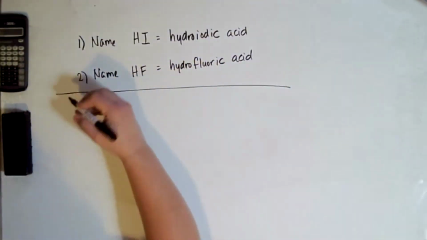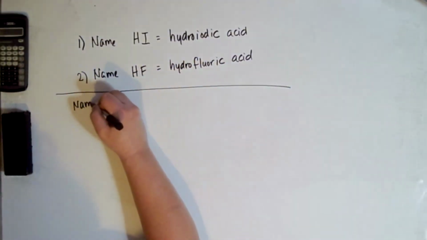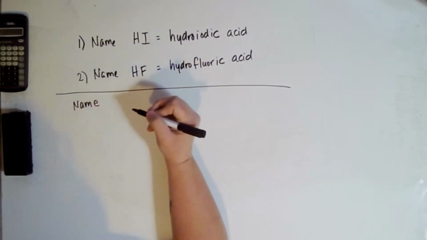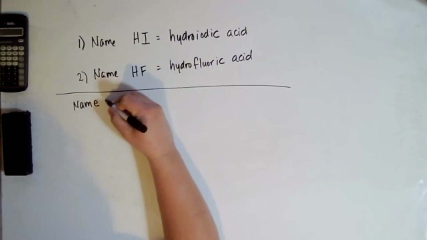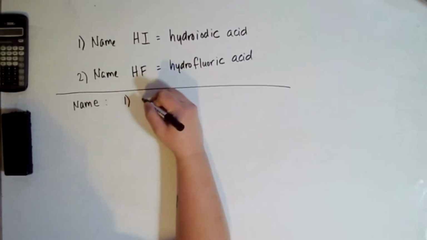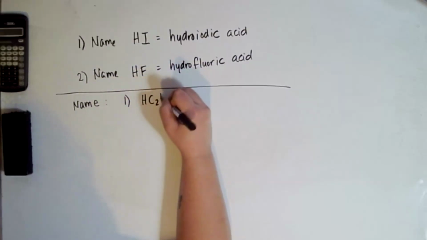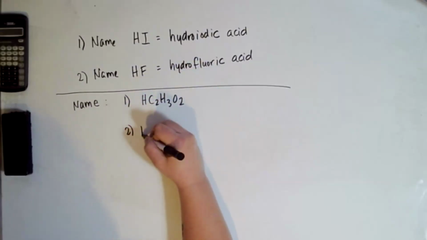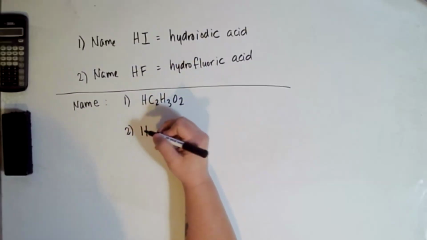On the following slide, they're asking us to name some oxyacids instead. And we know that they're oxyacids because they're all going to have oxygen in them. So they're asking us to name HC2H3O2, and we already did these ones.